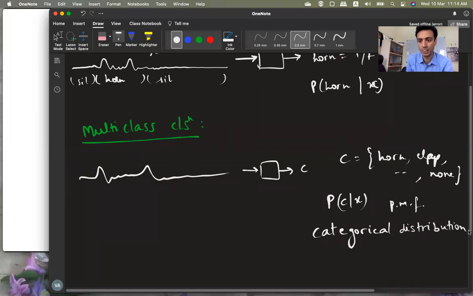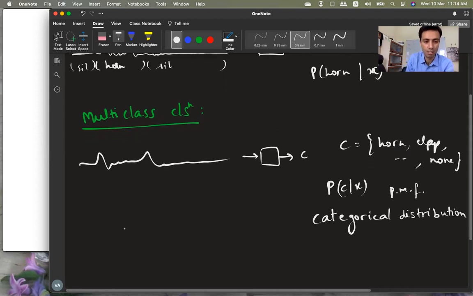Okay, a quick question. How many unknown parameters are there in this distribution, P of C given X? You remember, if you define a distribution, the distribution has some unknown parameters, right? So for example, a one-dimensional Gaussian will have how many parameters? You have all studied Gaussian, right?